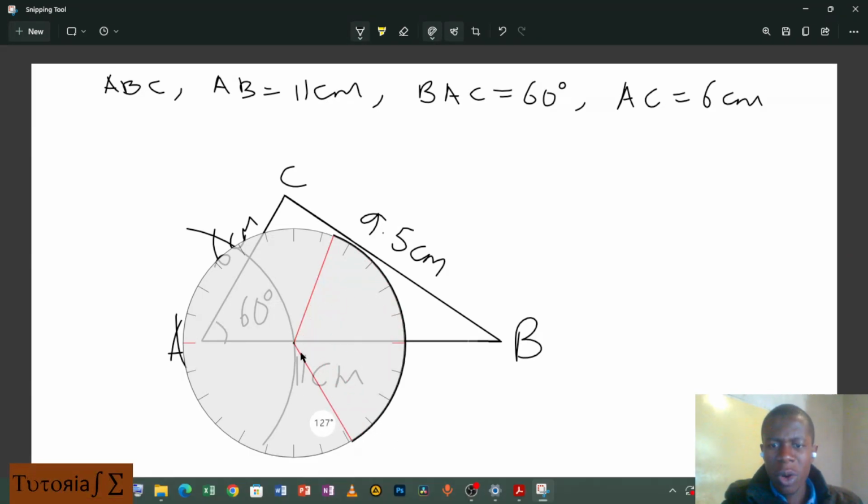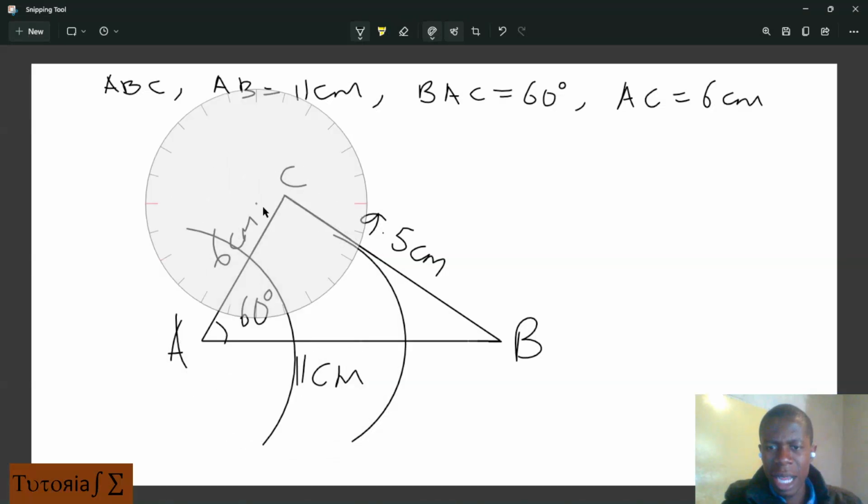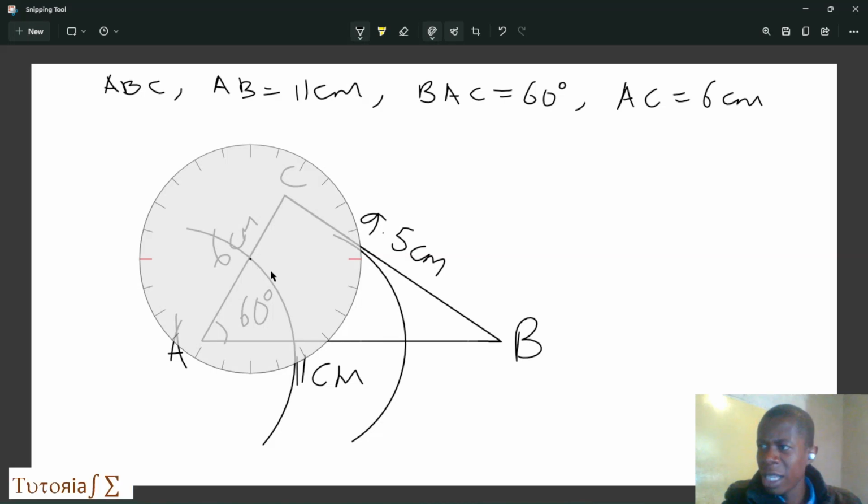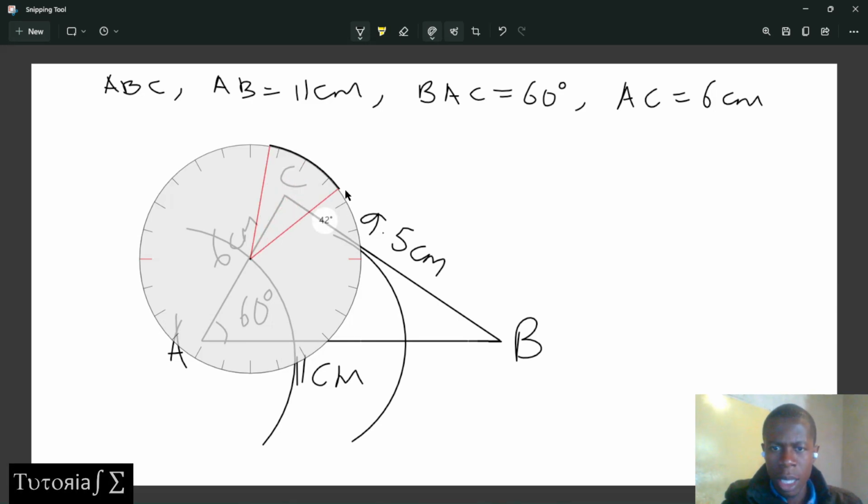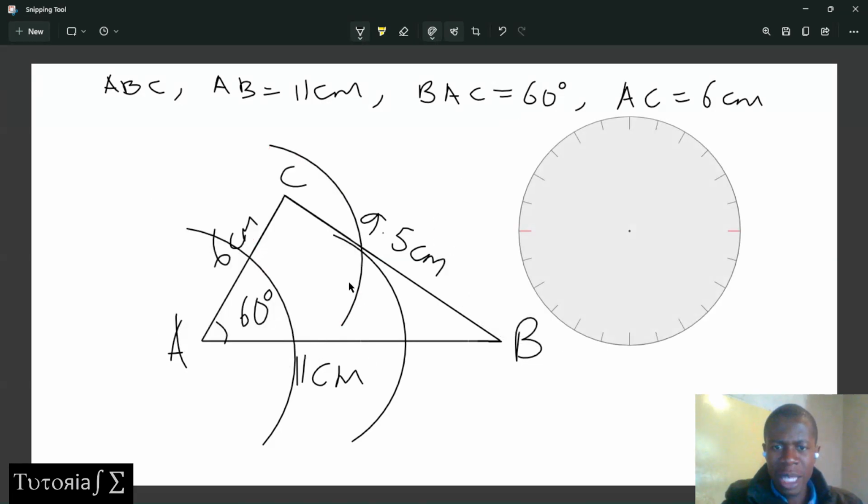Then you come to the C part. Again, you put your sharp point on the line there, as you have seen. Then you will draw another arc like that, until it touches the other arc. So you see that there will be a point where these two will be joining.